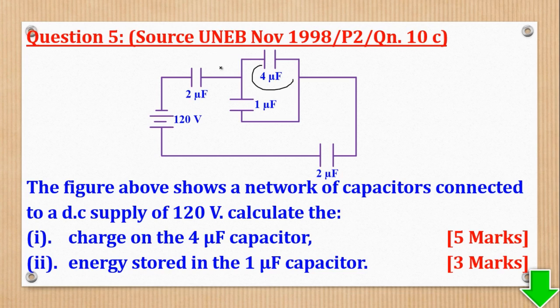First of all, the charge from here goes through this, and when it reaches here, it has to divide into 2. Meaning, to get this charge, we need to get the PD across this capacitor. And from there, it goes up to this. So the first thing to do is to combine these two capacitors in parallel.